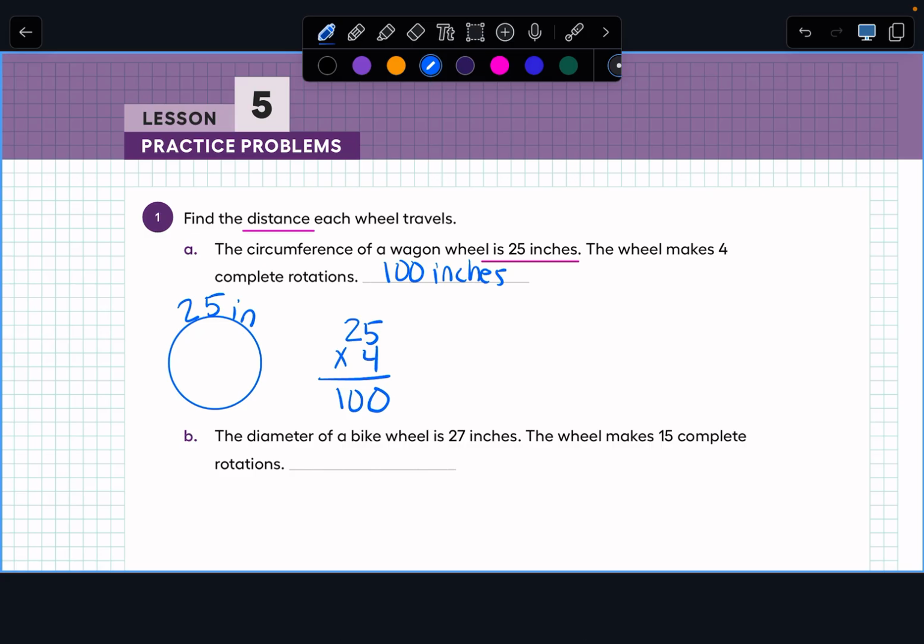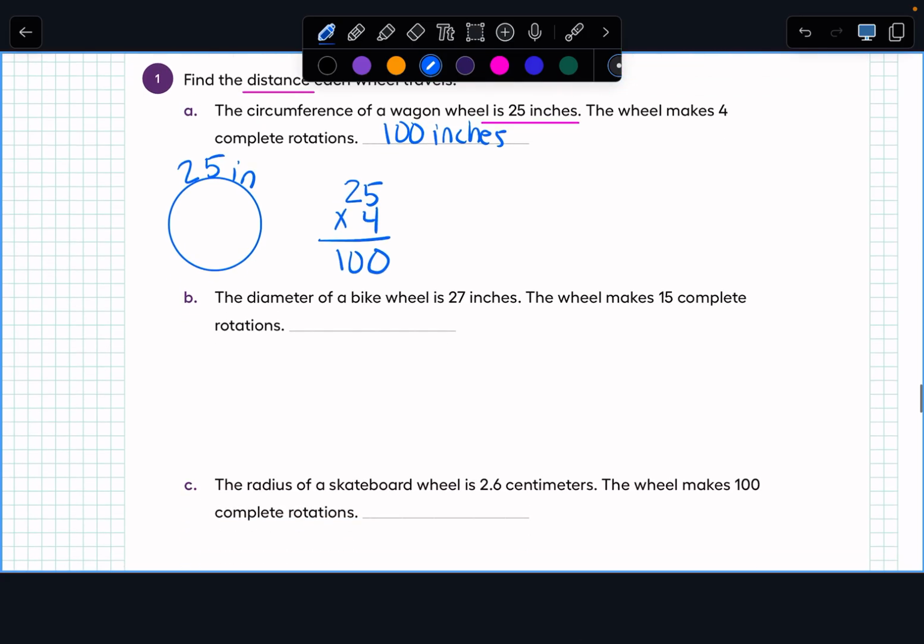All right, B, it says the diameter of a bike wheel is 27 inches. The wheel makes 15 complete rotations. Okay, so let's understand what was given, and let's draw what we have. We have a circle, and they said that the diameter is 27 inches.